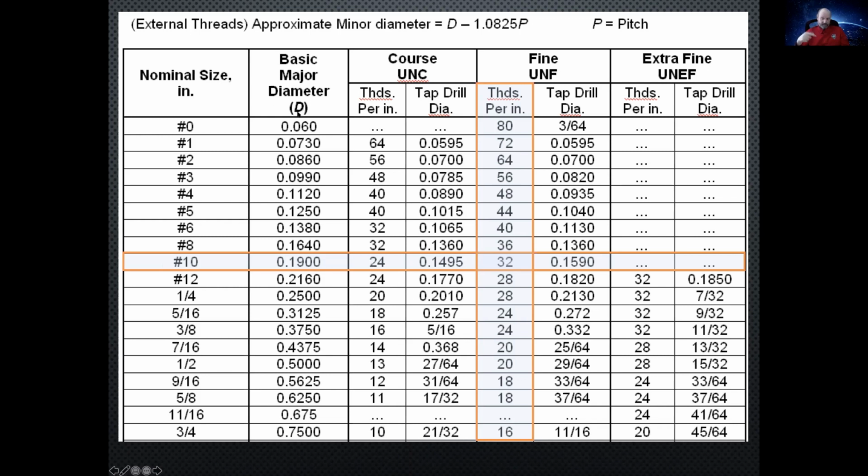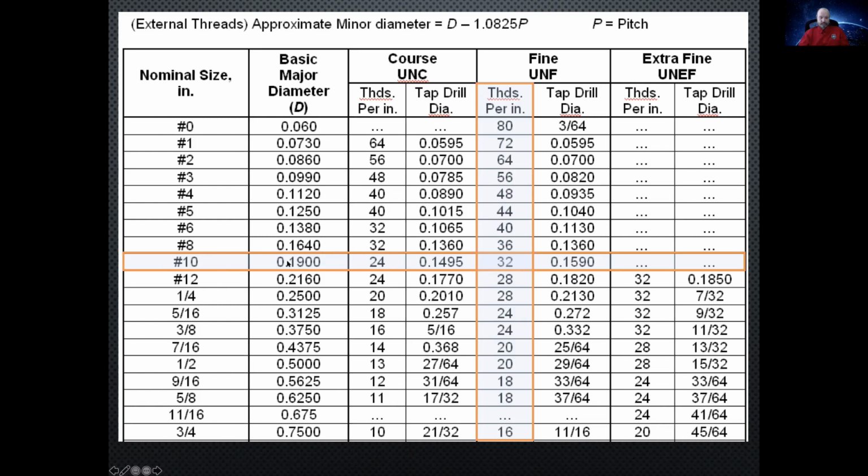That's the outside of the thread. That's the crest. It is 0.19 inches. Okay, the threads per inch for a number 10 is 24 threads per inch for the coarse. If you do a fine, it's 32 threads per inch, and they don't even make it an extra fine.